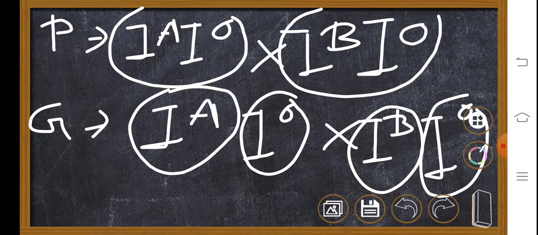Now in the next step, you find F1 by doing the Punnett square.